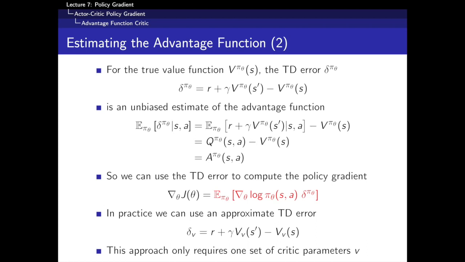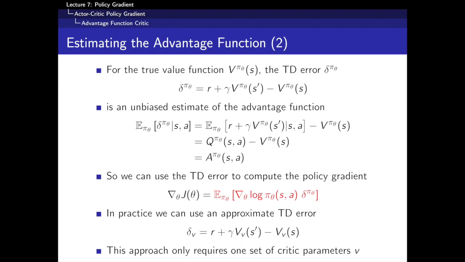Now, in expectation, we can take the expectation of this whole thing. We can say, well, what's the expected TD error? And the expected TD error is the expected reward plus discounted value at the next state minus the value of the state I was in. The expectation doesn't affect this last term because there's no random variable in here.